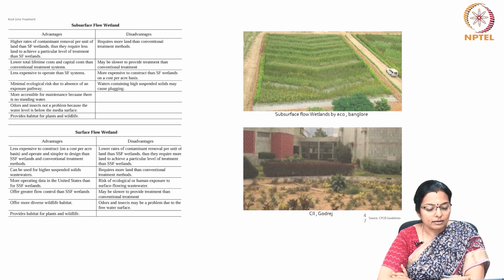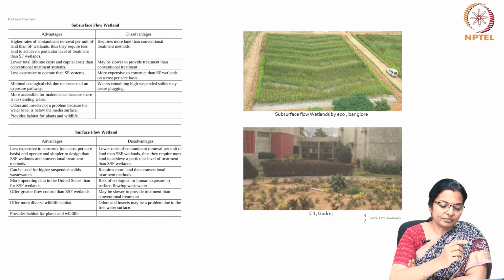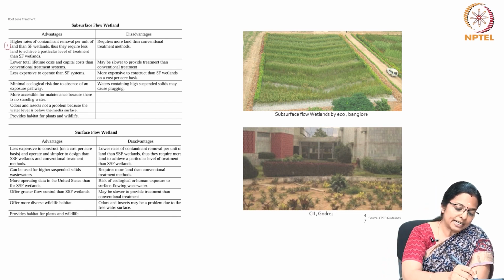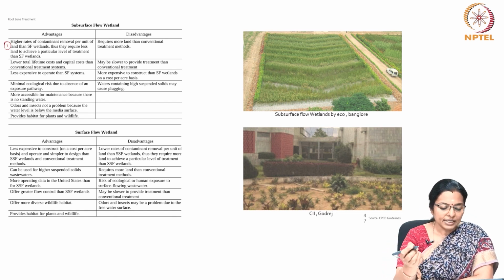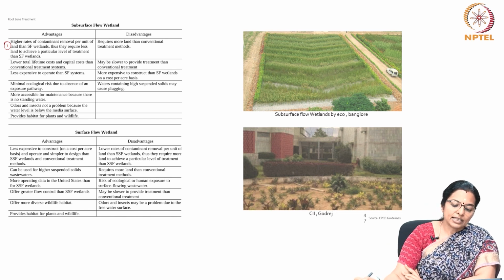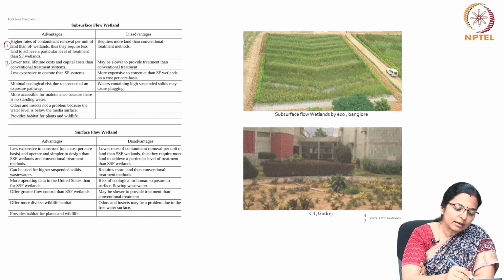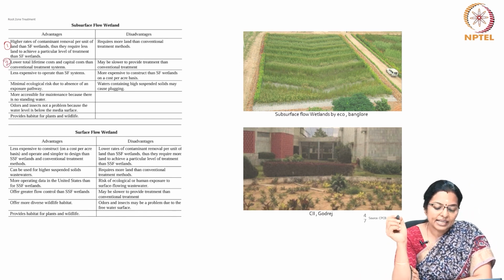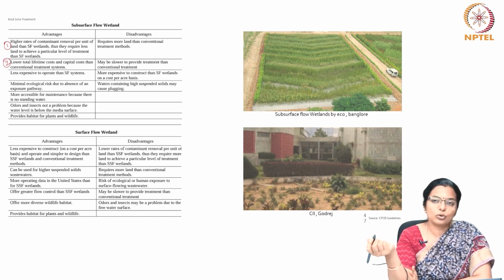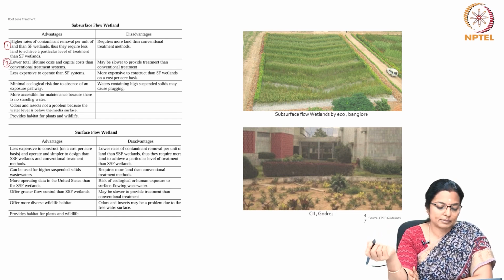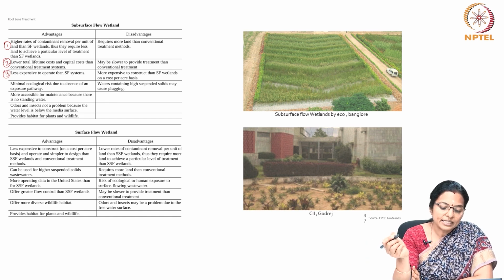Thus, they require less land to achieve a particular level of treatment than the surface flow wetlands. The second advantage is that they have lower lifetime costs and capital cost as compared to conventional treatment systems. They are less expensive to operate than surface flow systems.